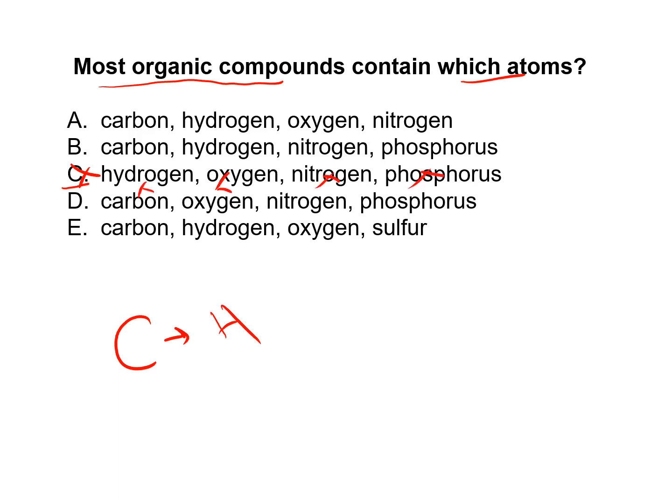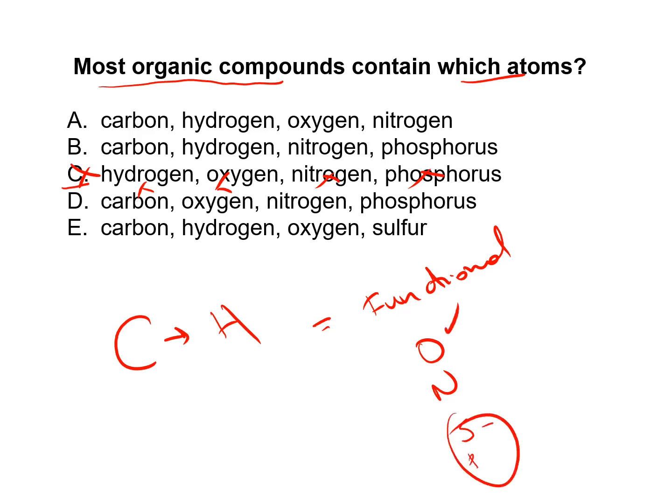And if you remember the functional groups, many functional groups have oxygen, have nitrogen, and a few of them have sulfur and phosphorus. If you remember the list of major components of living organisms, you will find these four. So this one is wrong, and this one is just a little bit. They are not the major component. Phosphorus is not a major component, so the answer will be A.